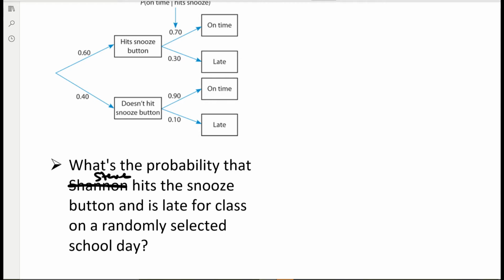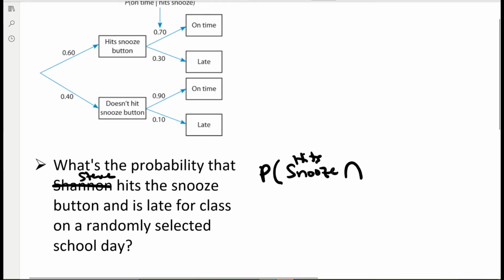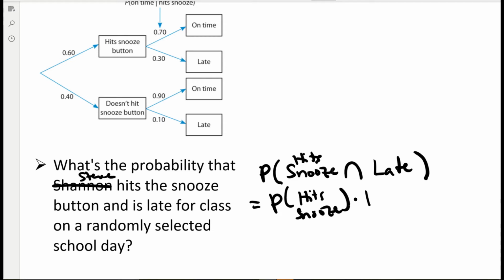So we're looking for the probability that we hit the snooze button and we want the probability that he's late. All right, well, according to the multiplication rule, this means that we need to do the probability that he hits snooze times the probability that he is late given that he hits snooze.